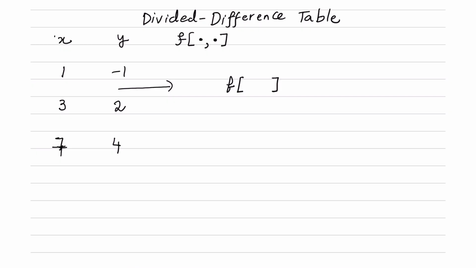And before you write the first two x's inside this square bracket, let's name the data. This is the first thing that you should do: x0, x1, x2. We always start denoting x values from x0. This is y0, y1, and y2.